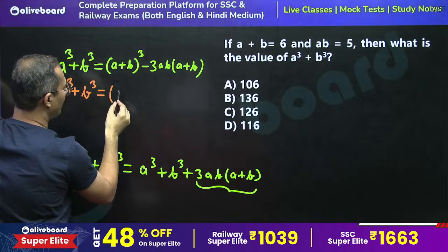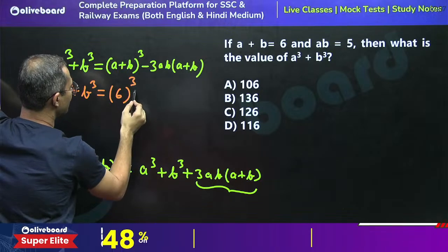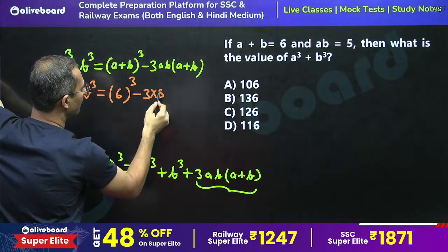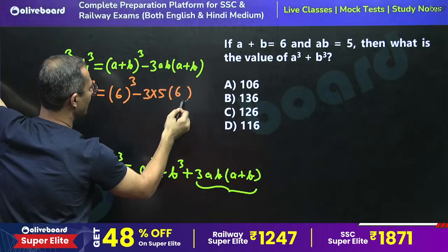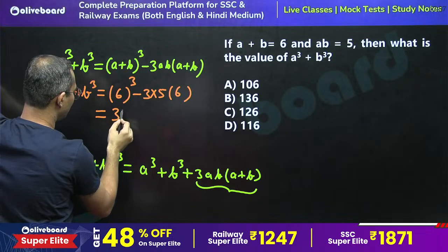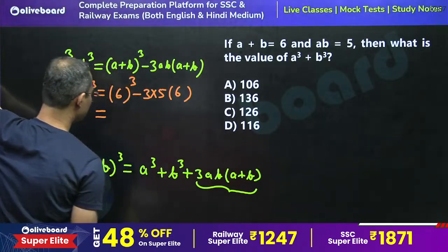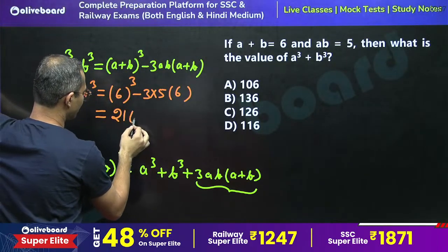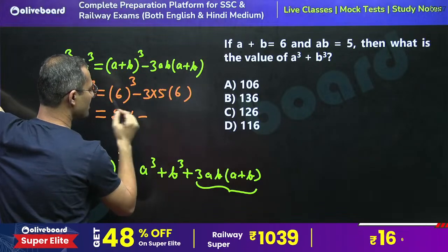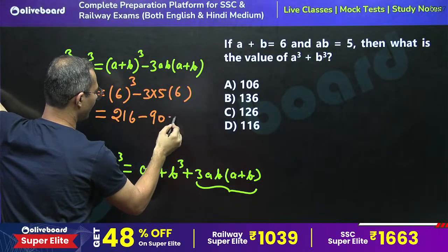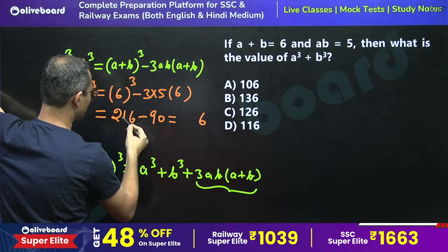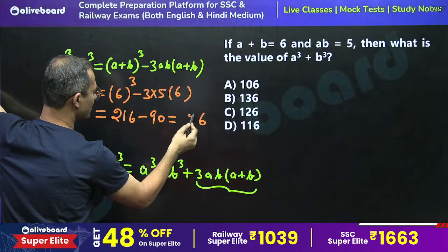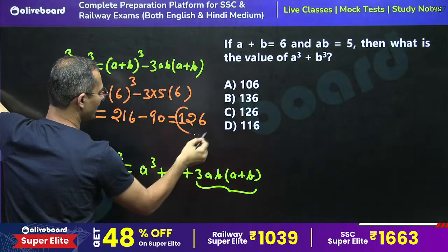A plus B is how much? 6. So 6 cube minus 3 into 5 into 6. So 6 cube means 216 minus 15 into 6. 15 into 6 is what? 90, right? So 216 minus 90 is 126. So 126 is the right answer.